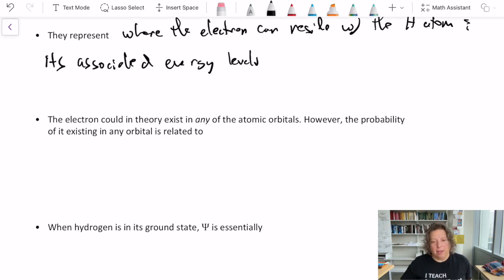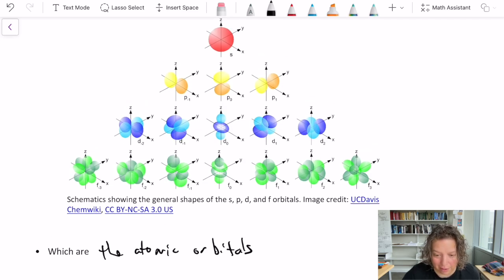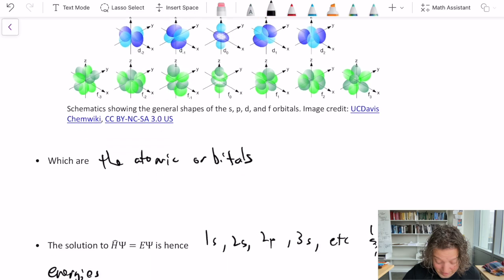So in theory, the hydrogen atom can exist in any of these atomic orbitals. So you have a hydrogen atom. We know that the electron is in 1s, but that's just the most likely place where it is. In reality, it can be in any orbital.